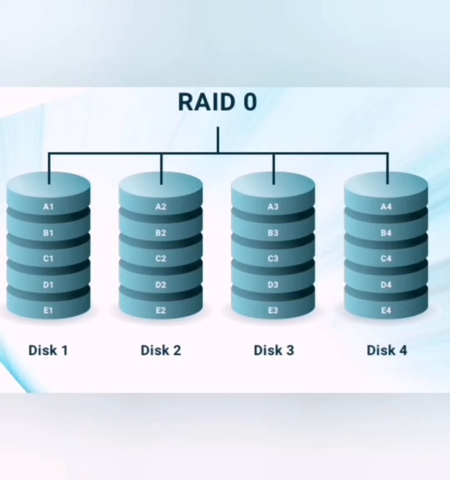It's usually used for caching the data, and it's also used with other RAID types in order to speed up the writing of the data, in addition to conserving this data.